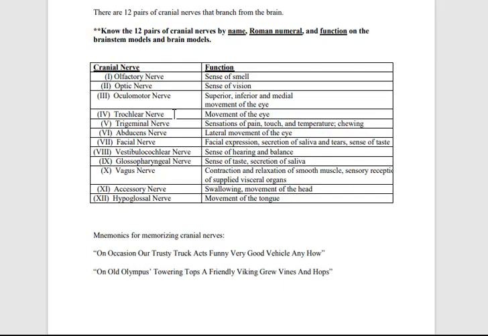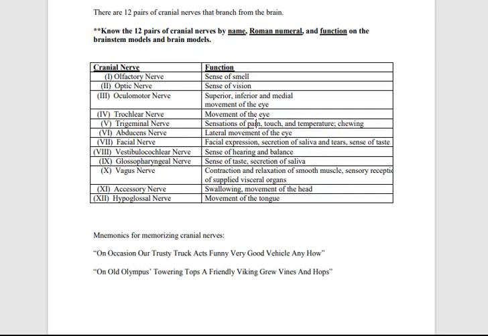Trigeminal, that's the fun one. It branches out into 3 places on your face and can be unbelievably painful if it's inflamed and very, very sensitive. So the lightest touch on your cheek or your chin you can feel.